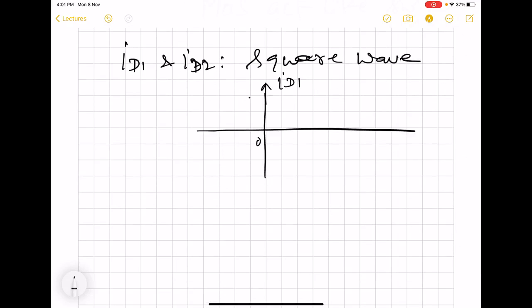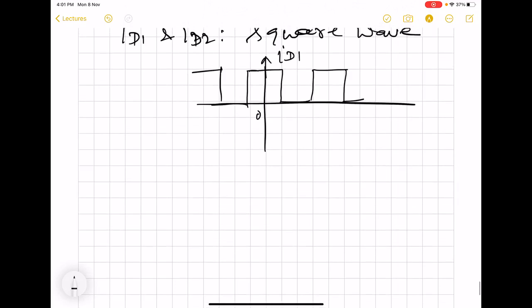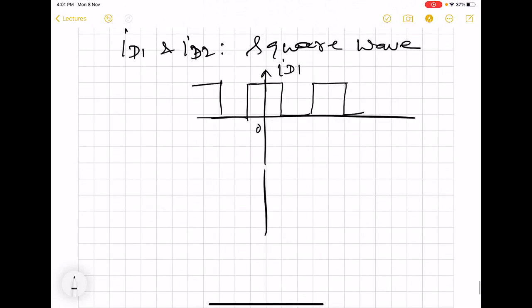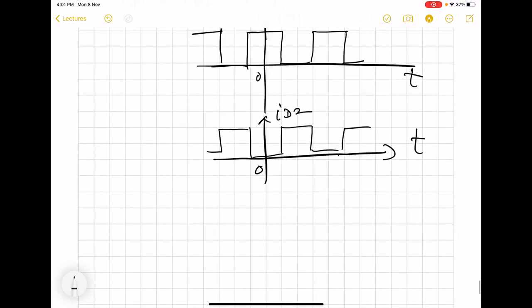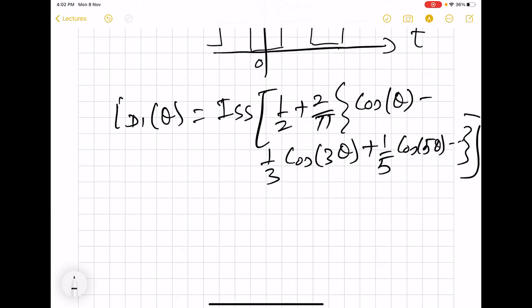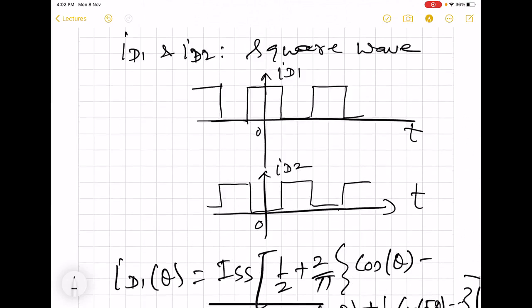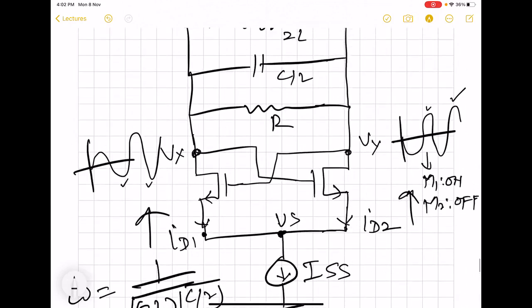If ID1 is like this, ID2 will be its complement. We know that these currents contain various harmonics, so there are various currents flowing through these drains. So this is ID1, ID2.